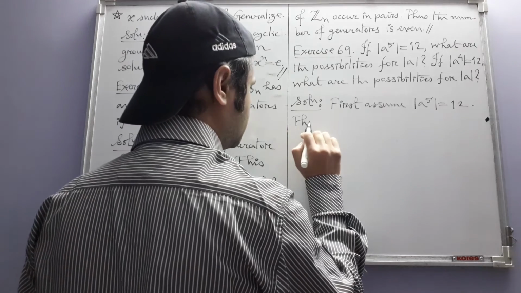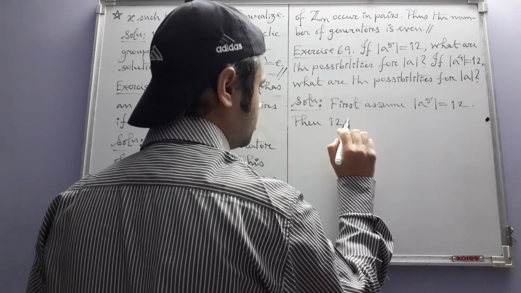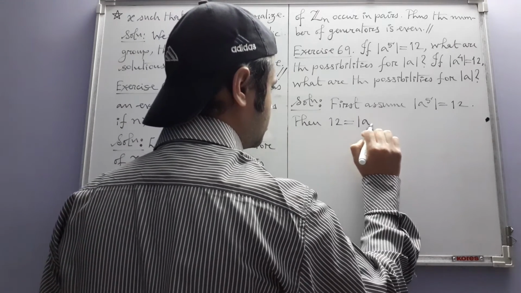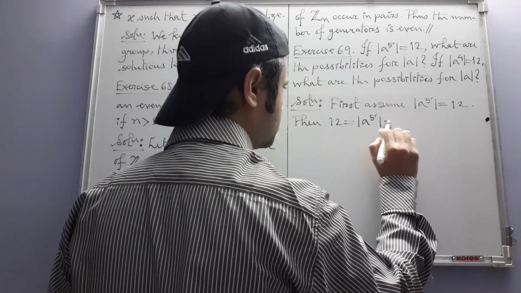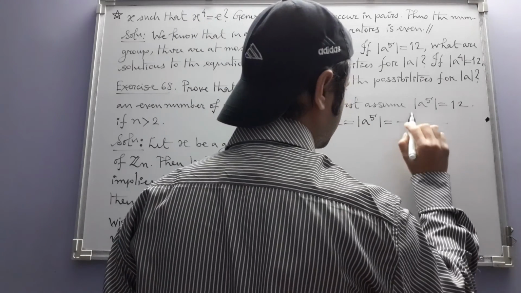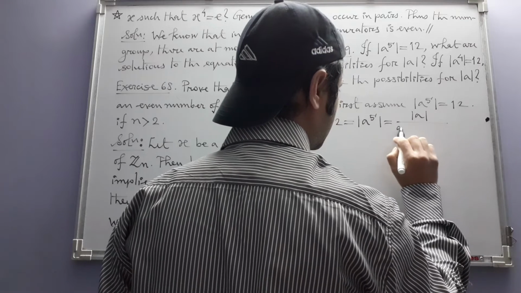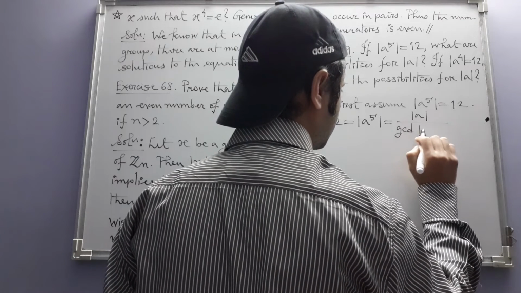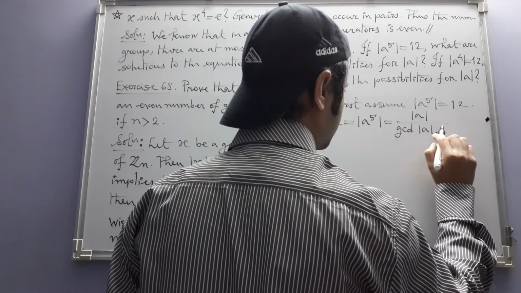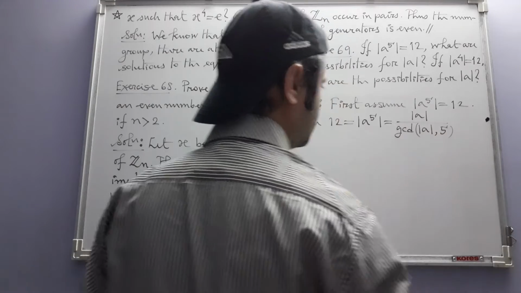Then 12 is equal to this order divided by this.